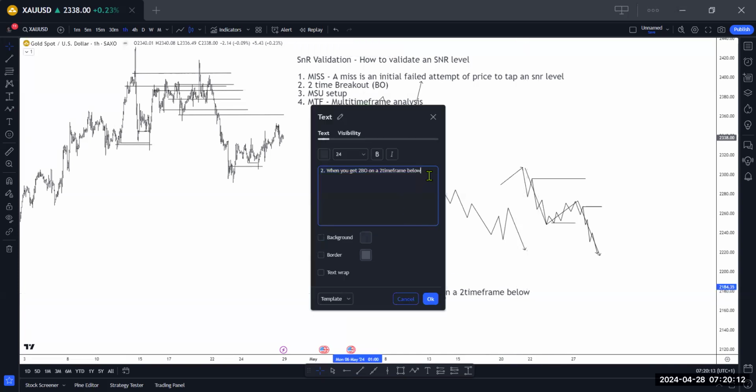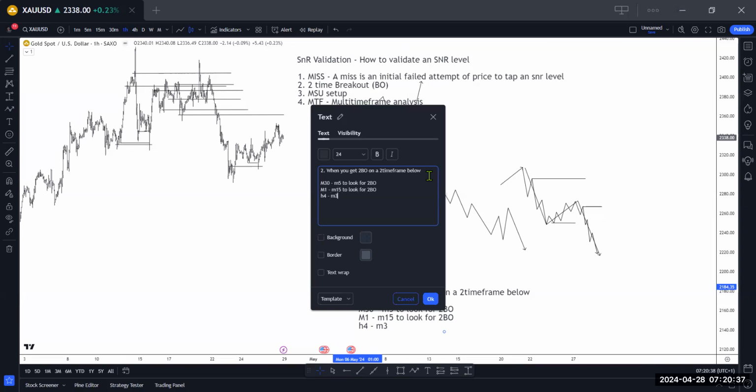This means that if you see an SNR level on M30, you go to M5 to look for two breakouts. If you see it on M1, you go to M15 to look for two breakouts. If you see it on H4, you go to what time frame? Can you tell me?